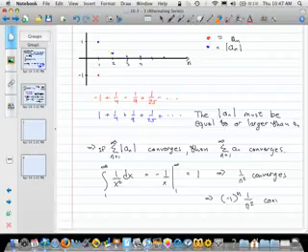And in fact, what we say is that it converges absolutely. There are two types of convergence: absolute convergence and conditional convergence.